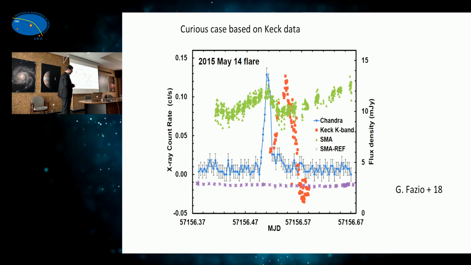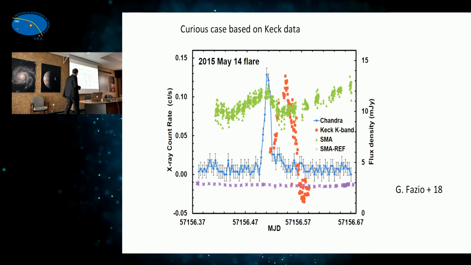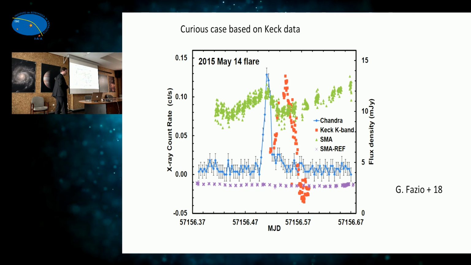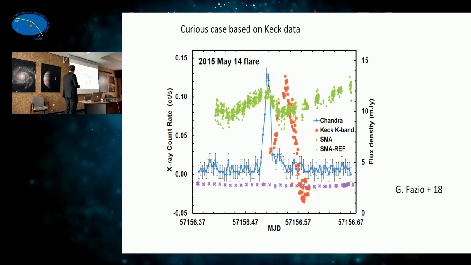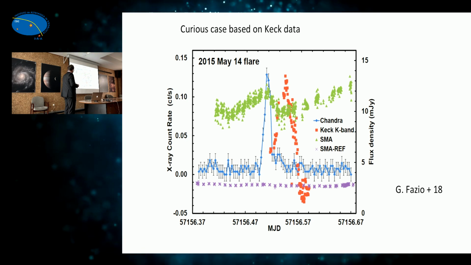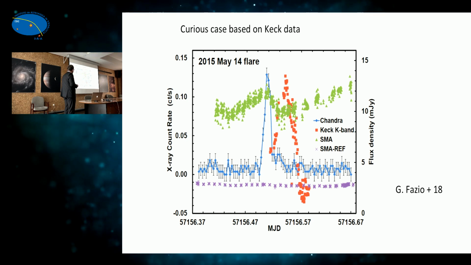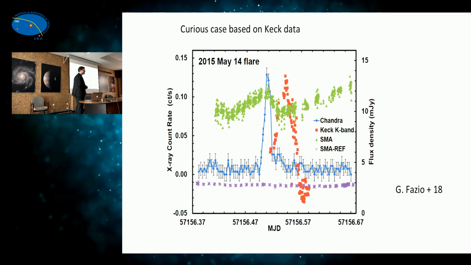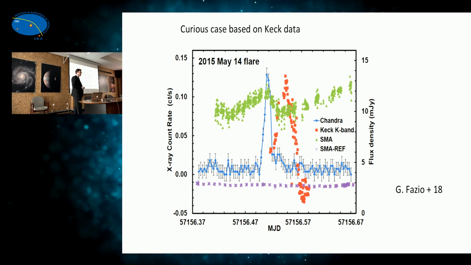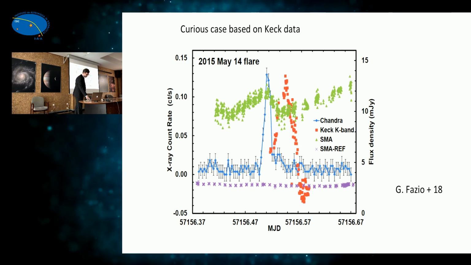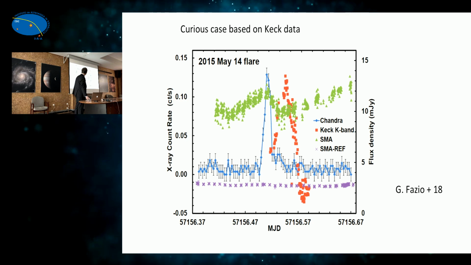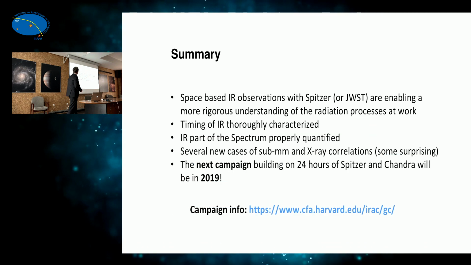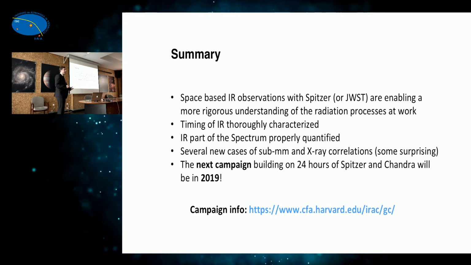So unfortunately, this does not have the required time length or time baseline to really do correlation studies. But this is at least a very interesting case that illustrates that there might be other sequences between the wavelengths possible than what is canonically accepted as being the standard.